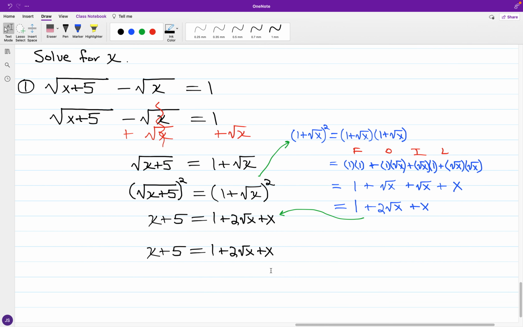And if we combine like terms, if you notice you still have a radical remnant, with 2 times the square root of x. And if I follow through just to isolate this term, I can move the x as well as the 1.